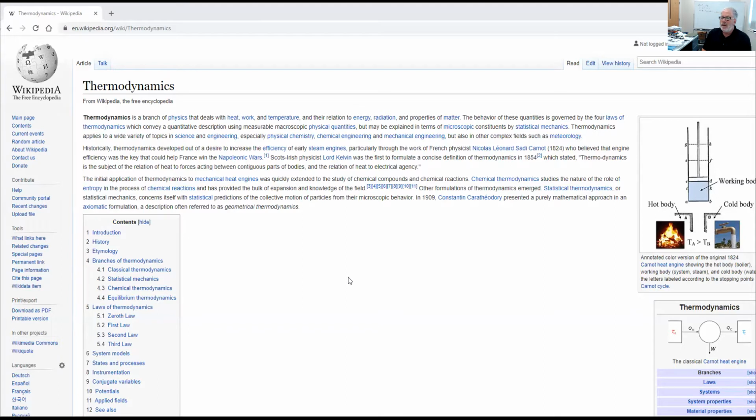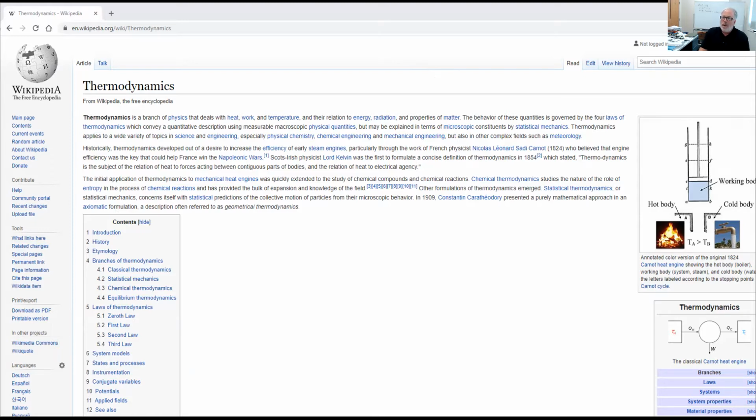From Wikipedia, thermodynamics is a branch of physics that deals with heat, work, and temperature and their relation to energy, radiation, and properties of matter. When we're dealing with electrical machines, motors, generators, transformers, each one of these, heat, work, and temperature, are a very important part of the operation of these electrical machines.